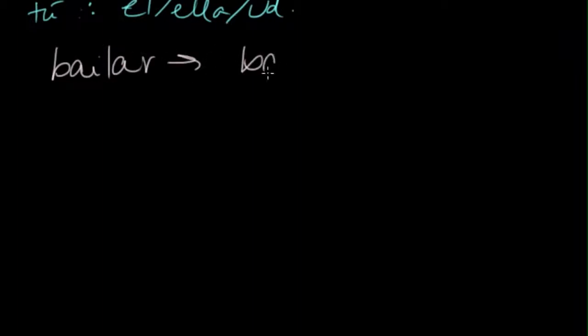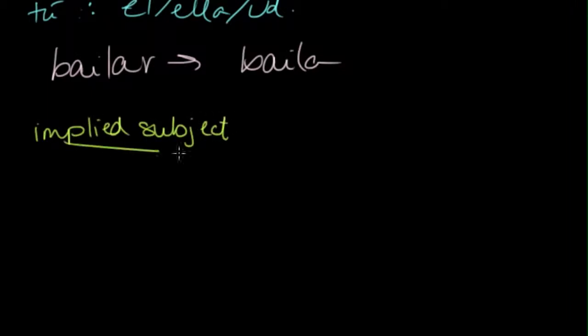Affirmative tú commands are formed with the él, ella, usted form of the verb. So for something like bailar, the tú command would be baila. Now it's important at this point that we discuss something called the implied subject. The implied subject means that the verb has a subject because it is conjugated, but the subject is not explicitly stated.